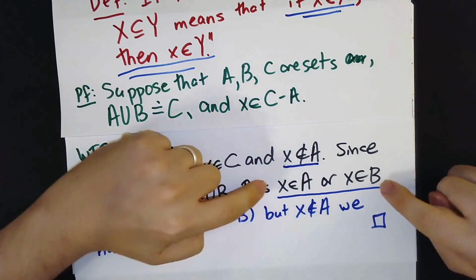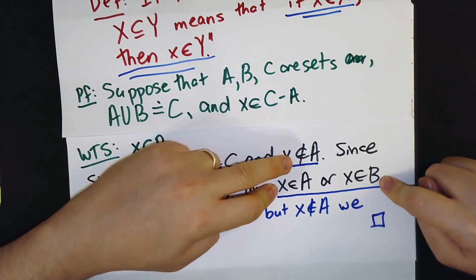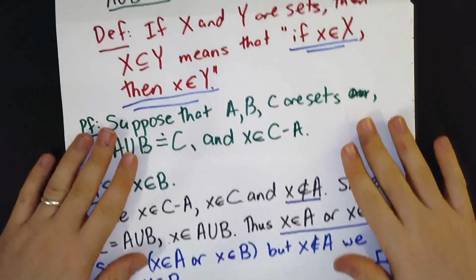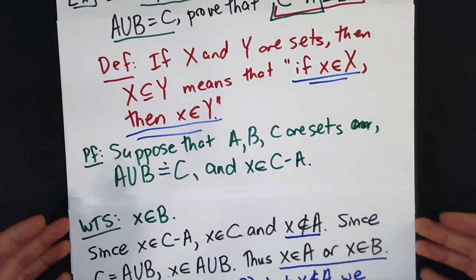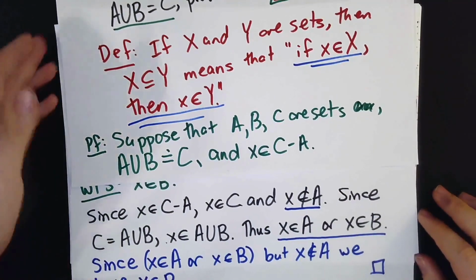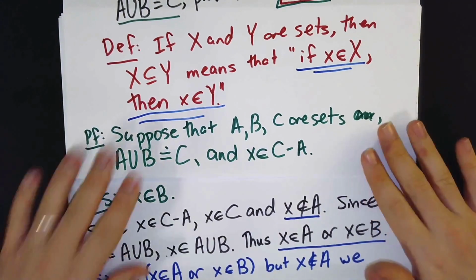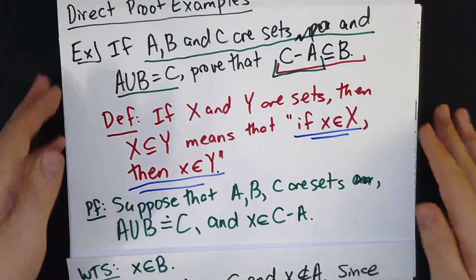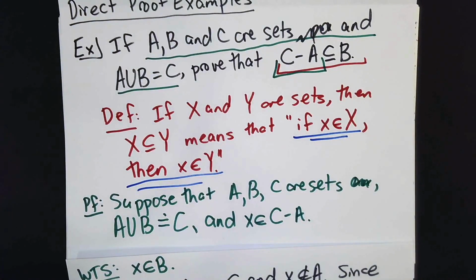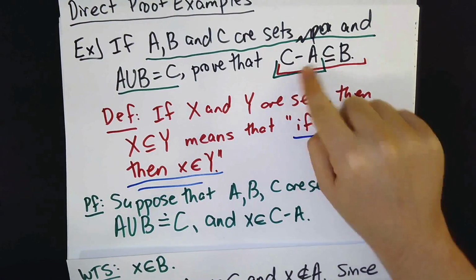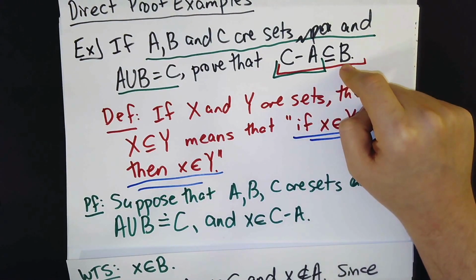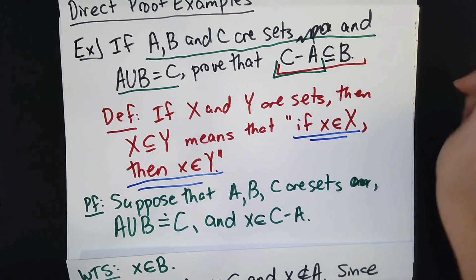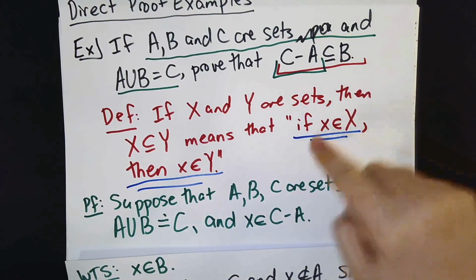I'll say a little bit more about this OR piece in a second. But before I say more about the OR piece, I want to just go over the overall structure of this proof. So I was asked here to prove that one set is a subset of the other. I realized that literally means this if-then statement.